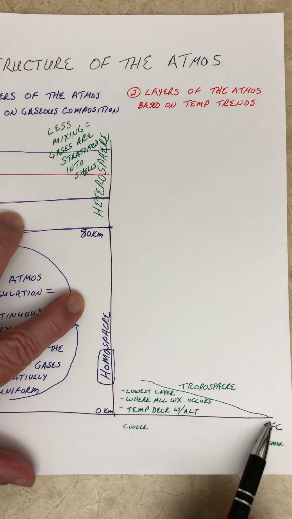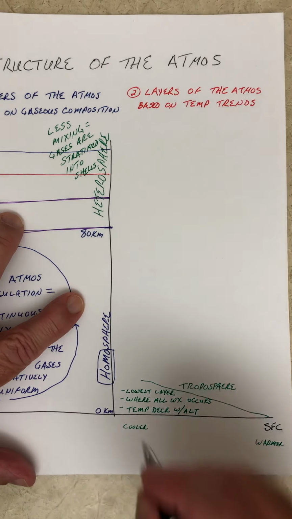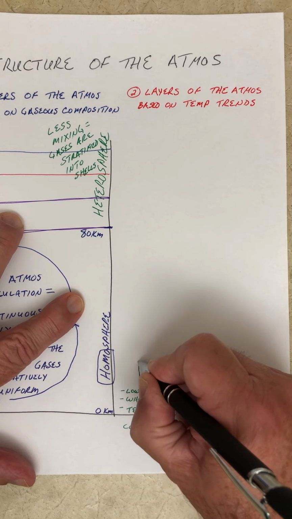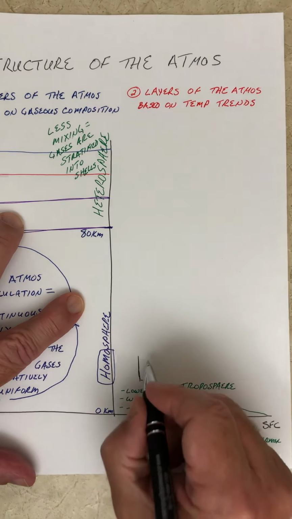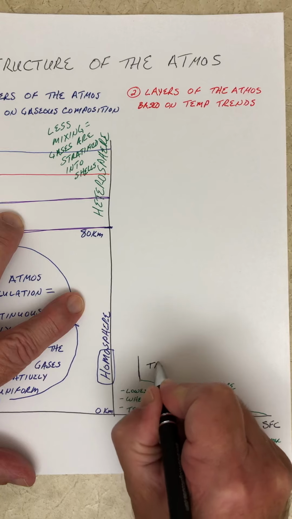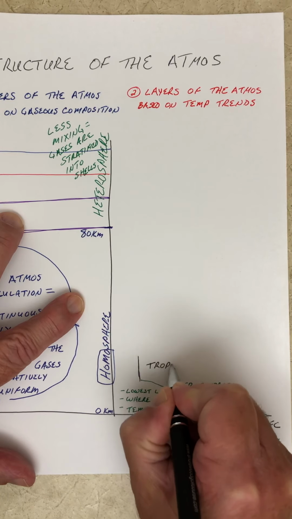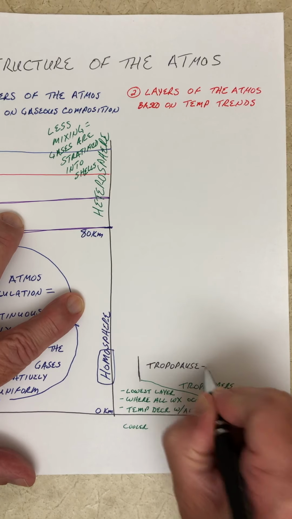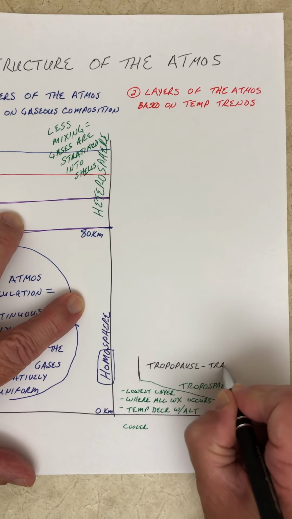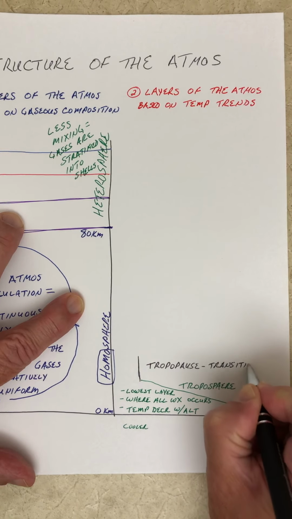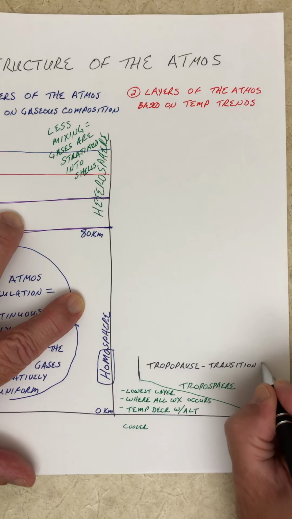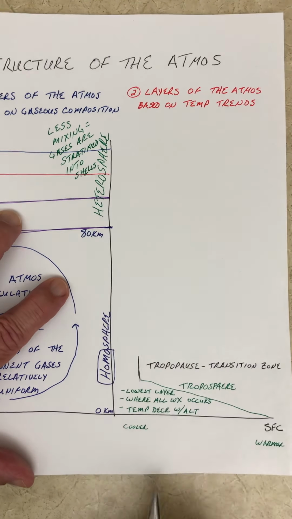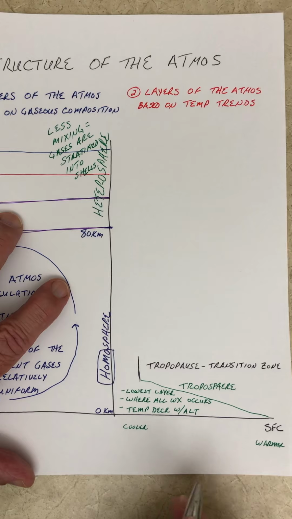So the troposphere is the lowest layer. At the top of the troposphere, temperatures become pretty constant with height. We call this the tropopause. The tropopause is a transition zone between the troposphere and the next sphere called the stratosphere.